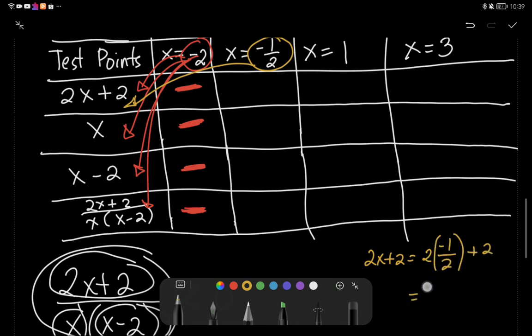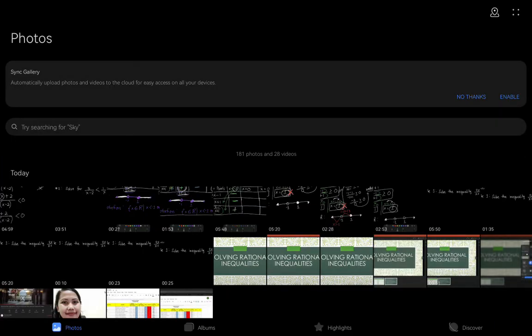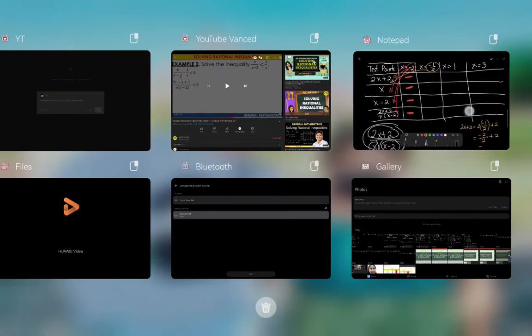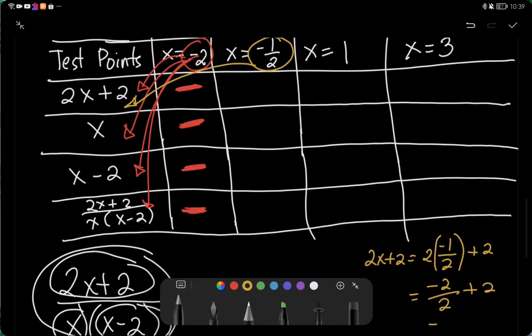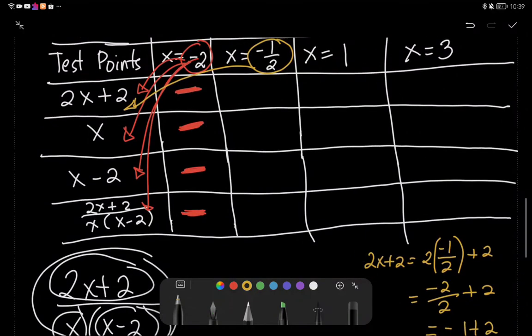That is negative 2 over 2 plus 2. Negative 1 plus 2 is equal to positive 1. So, our answer here is positive.